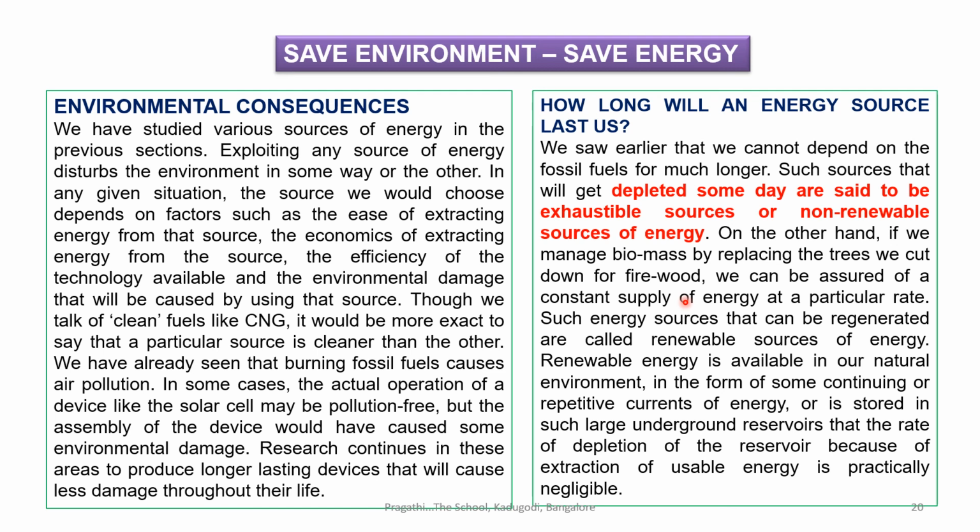So fossil fuels take a lot of time to generate, and once we use it from the earth's crust, what will happen? It becomes empty. So that's why we are going for renewable sources of energy, that is solar energy, batteries, wind energy, ocean energy, tidal energy, wave energy, geothermal energy. All those kinds of energies we are slowly shifting to, because the conventional energy sources will run out sooner.